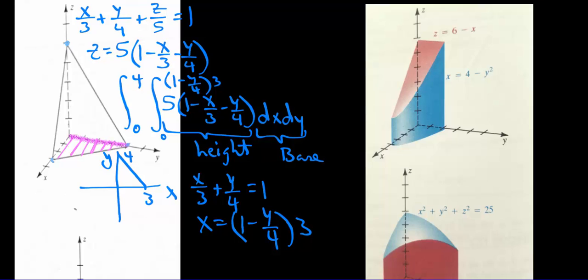The question is, what does that line go to? Well, it starts at 0, x is 0, and it goes until it hits 1 minus y over 4 times 3. That's what it does. Everybody see that?